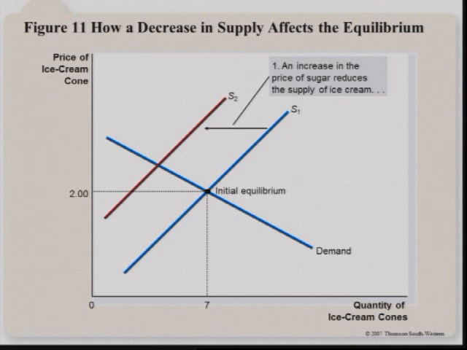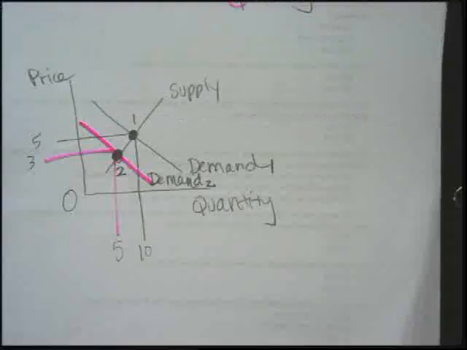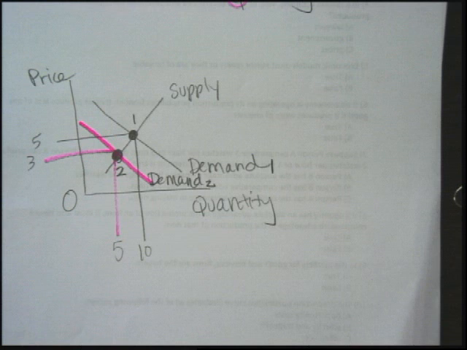All right, you try. Just right underneath on your paper, show an increase in supply. Let's see if it looks like mine. You can use abbreviations. You can say S and D if you didn't want to write out supply and demand, as long as you know what it means.